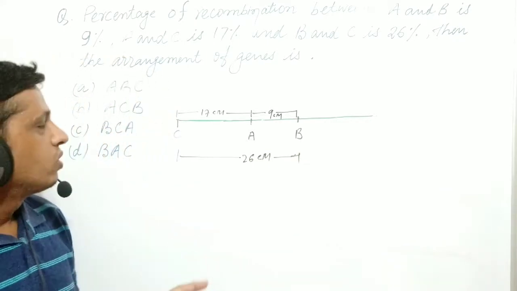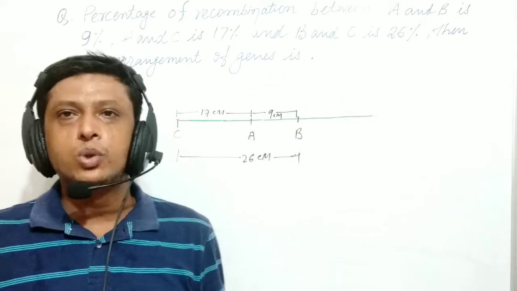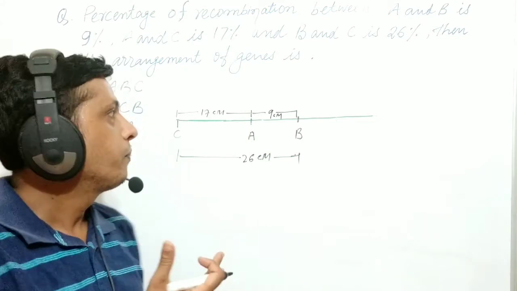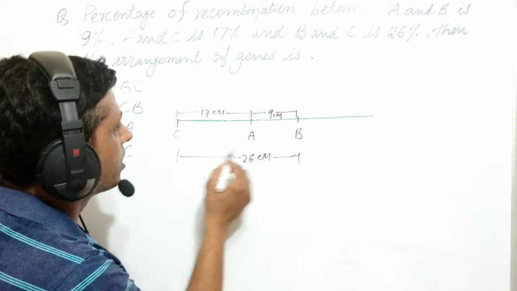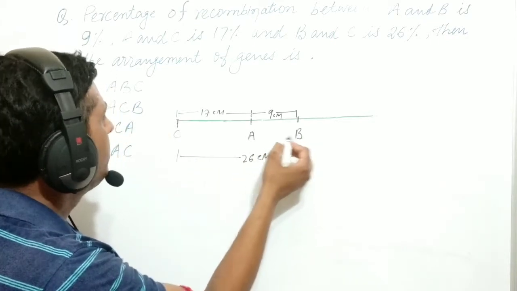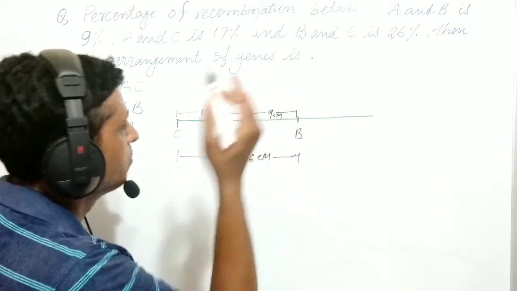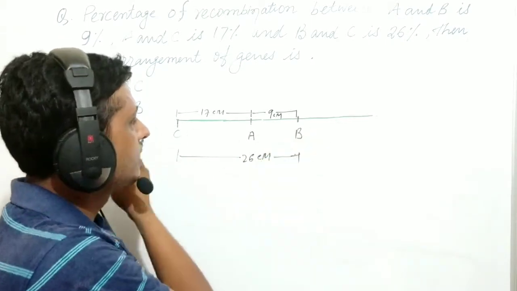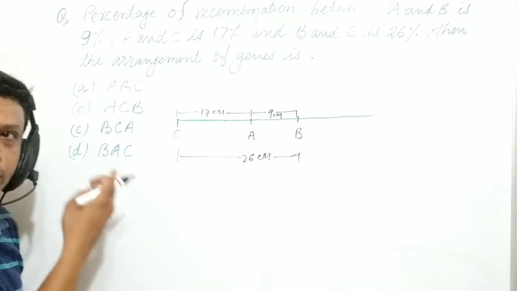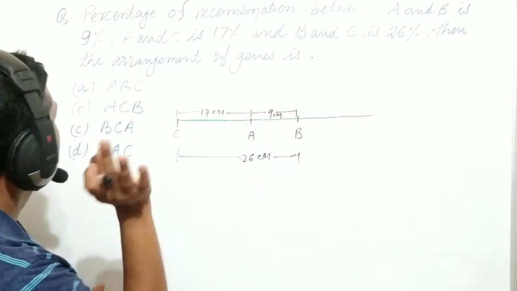So the alignment of the genes on the chromosome is like this. This is the gene order. The gene order will be BAC or CAB, either CAB or BAC you can write. So let us find it out from the options whether CAB or BAC is given.